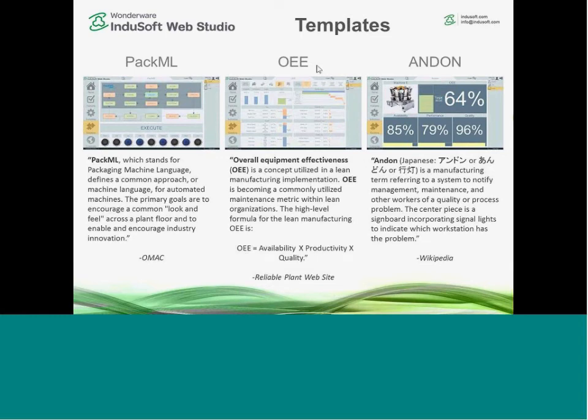Another one that's maybe a little bit more popular, and Matthew will talk a little bit about the OEE tools that are either in his presentation or in his Argos application or coming. OEE stands for Overall Equipment Effectiveness, and it's really popular in manufacturing environments.